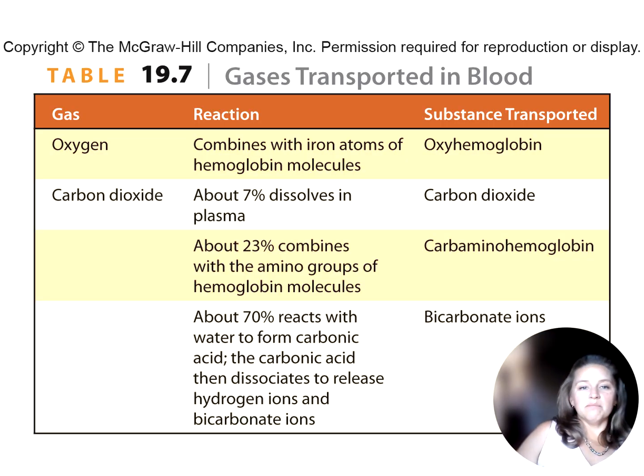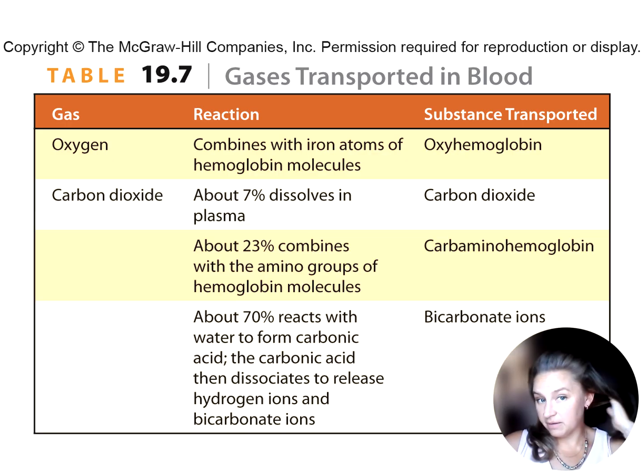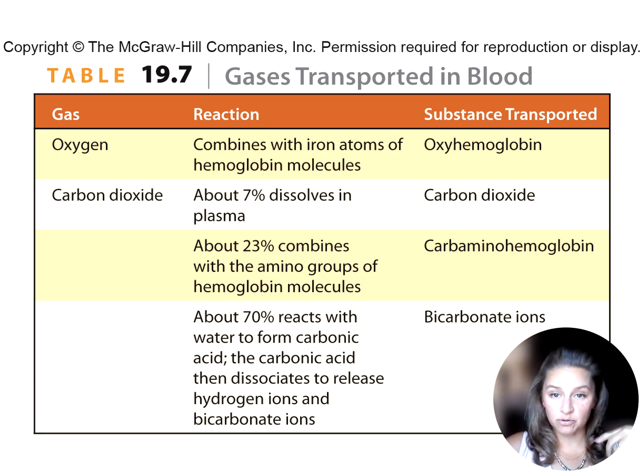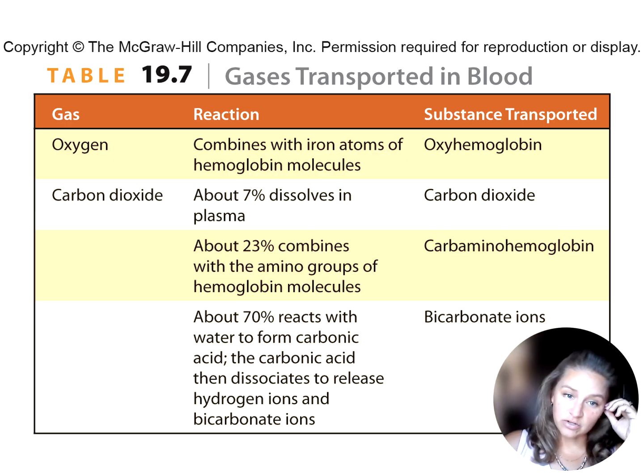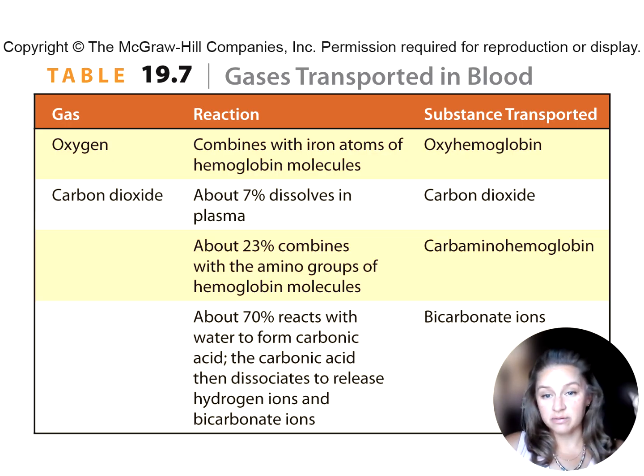So we said most of oxygen, 98%, is going to be combined with hemoglobin to be transported through our body. Carbon dioxide, most of it does what I just explained, 70%, is going to be converted to the bicarbonate ion via this carbonic anhydrase enzyme. There also are other options.